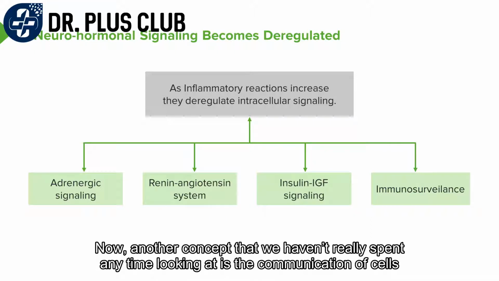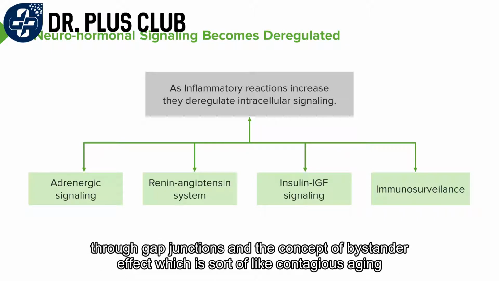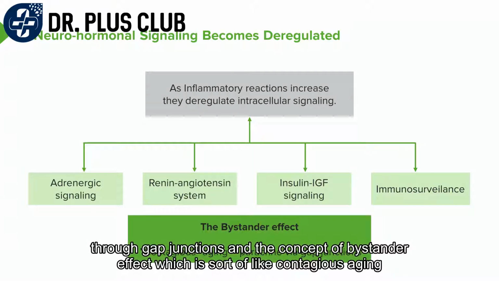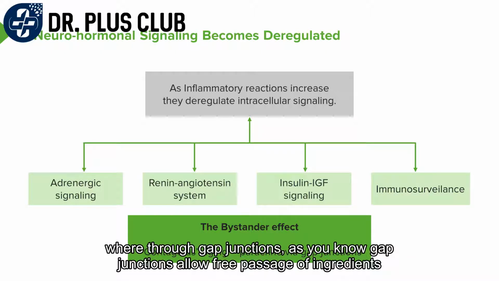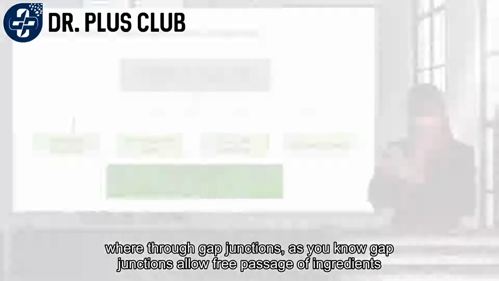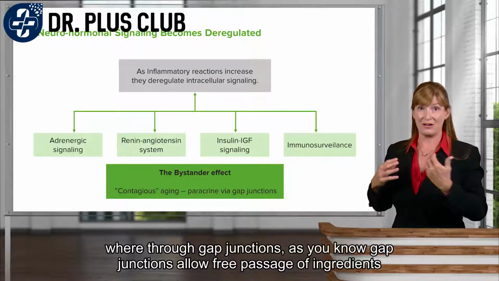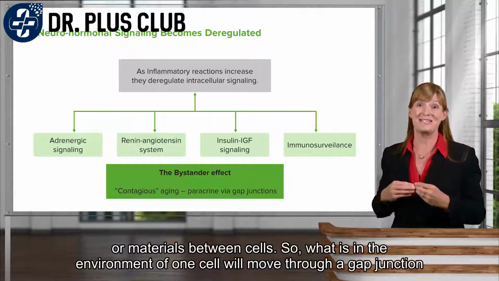Now, another concept that we haven't really spent any time looking at is the communication of cells through gap junctions and the concept of the bystander effect, which is sort of like contagious aging. Through gap junctions, as you know, there is free passage of materials between cells.